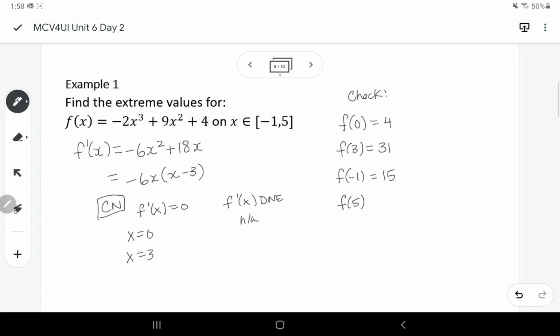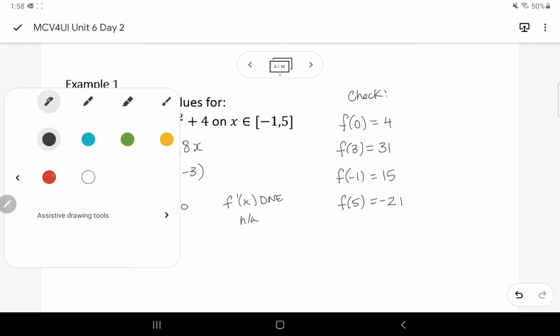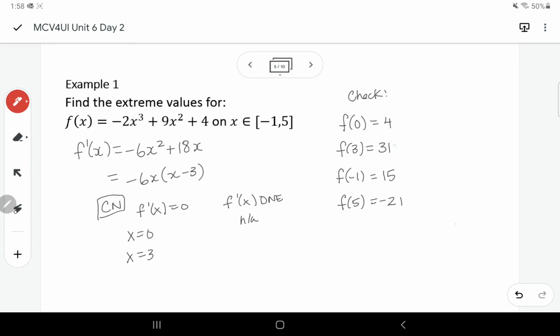And f at 5 is negative 21. So we can find the minimum and maximum just by looking for the highest and the lowest points.